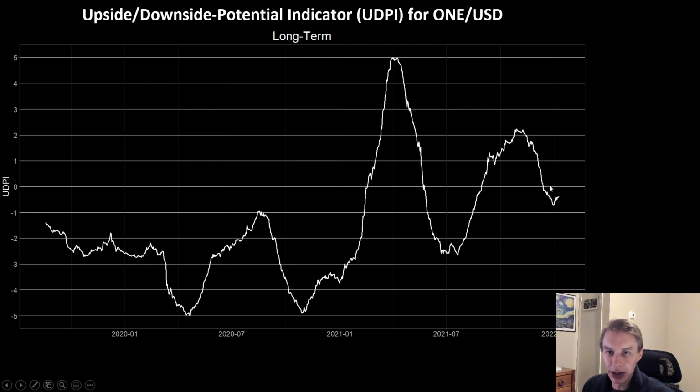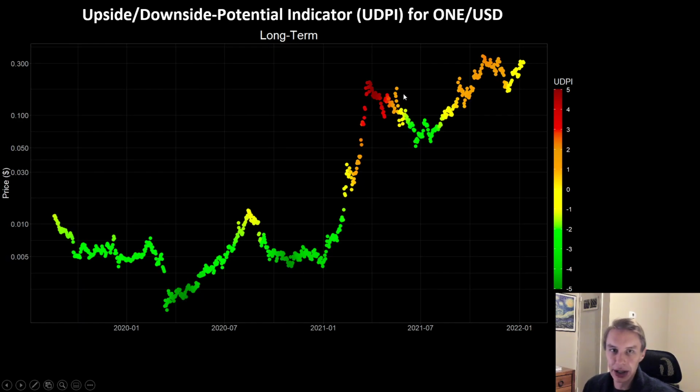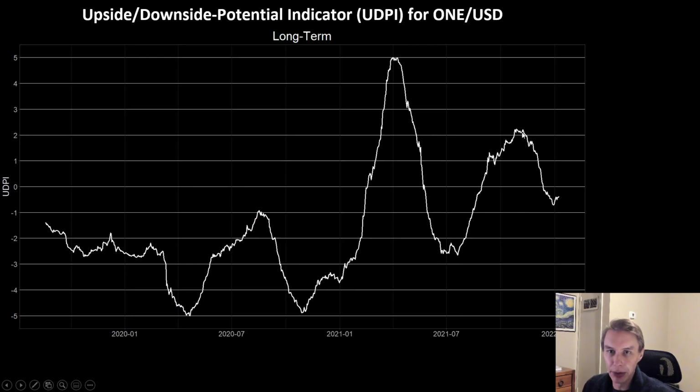Now, of course, when it's at this kind of a level, that doesn't mean that downside can't happen by any means, right? There's plenty of downside that could realistically happen. But essentially what the model is saying is that we're certainly not in this kind of high risk territory like what we saw here before we went into this big correction. We're not really at that point in its estimation from a more long-term risk perspective.